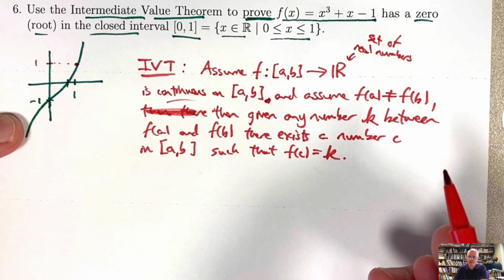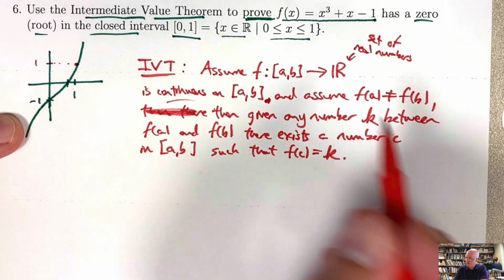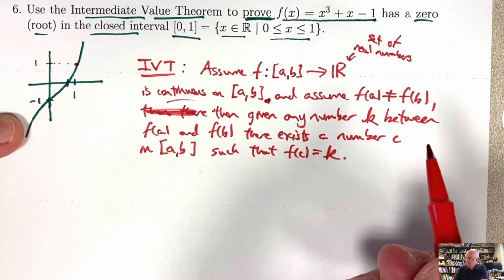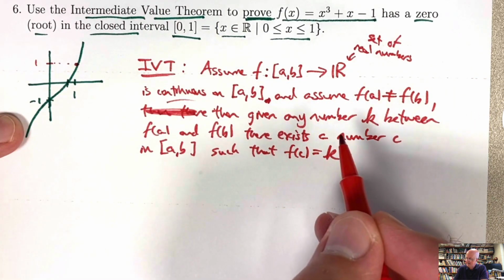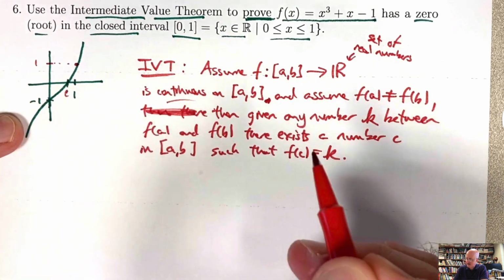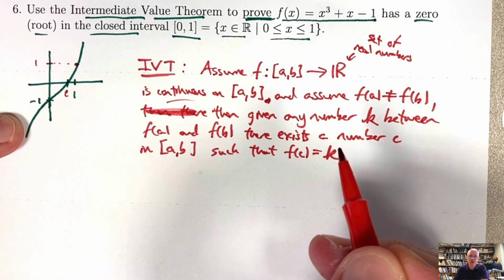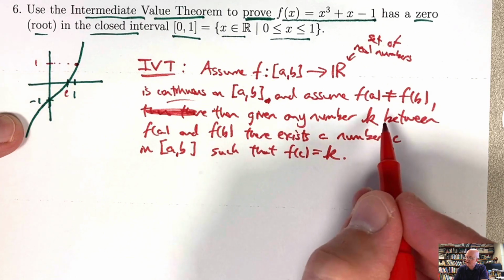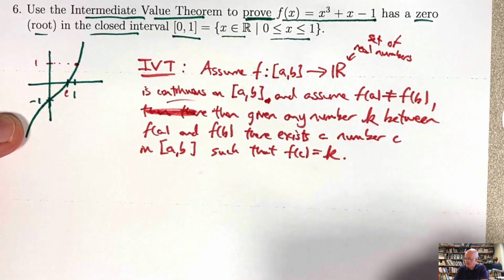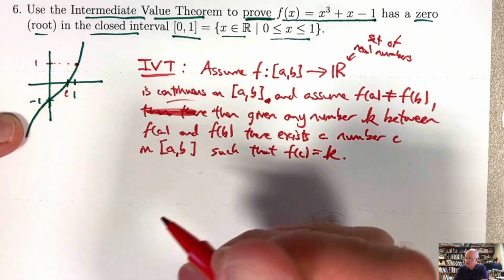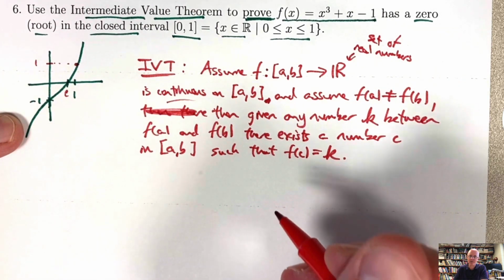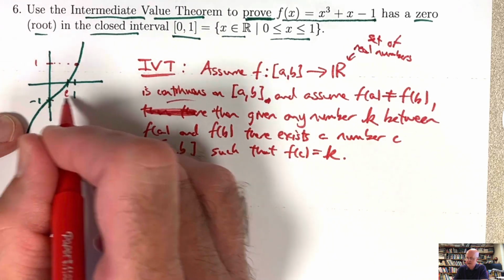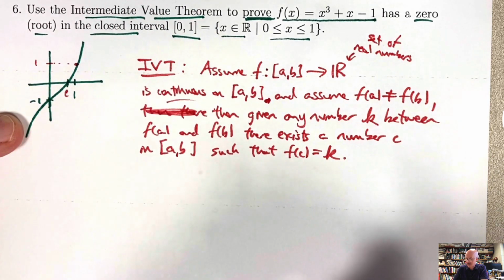F of a and f of b are different. We're trying to prove that this function has a 0, that it equals 0 somewhere, a root. C is that quantity there. The k is 0. 0 is a number between f of 0 and f of 1, -1 and 1, excuse me. There must, by this theorem, exist a number c somewhere between 0 and 1 such that f of c equals k, which is 0.